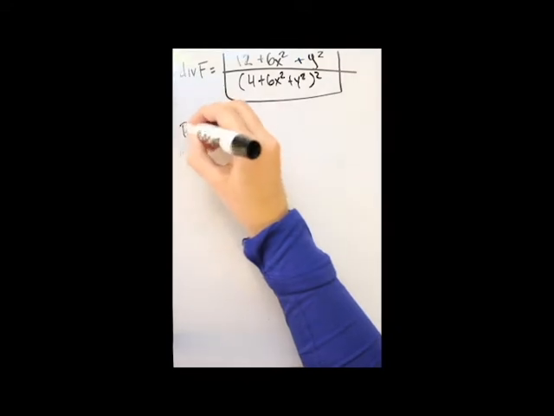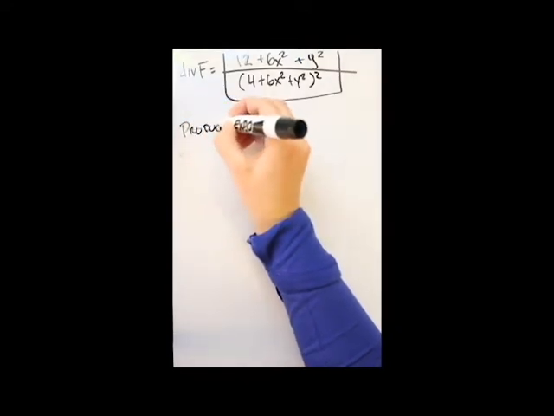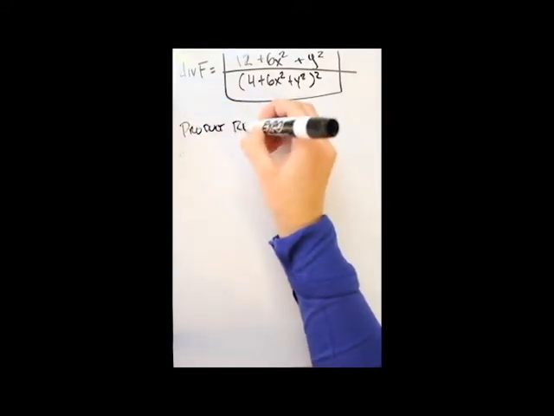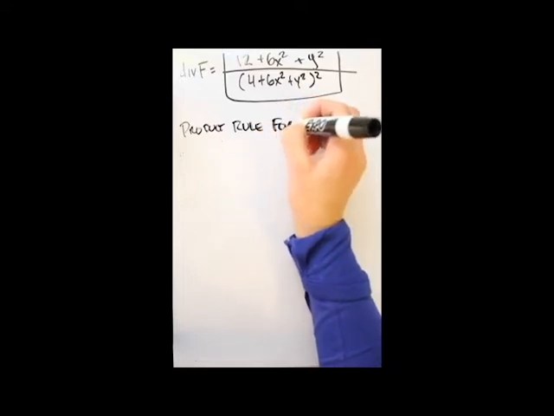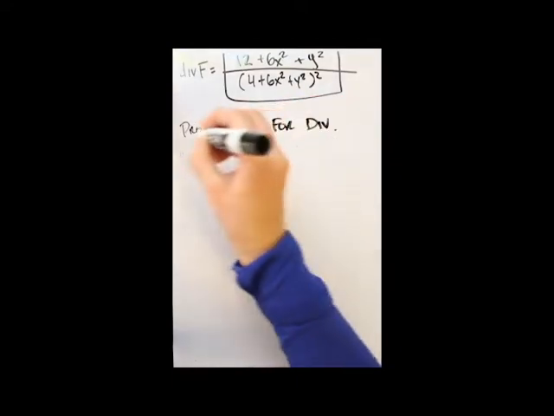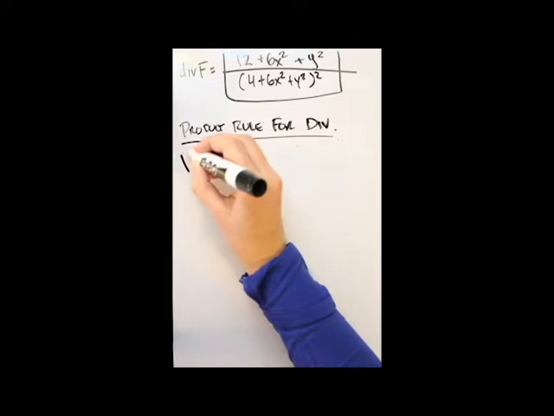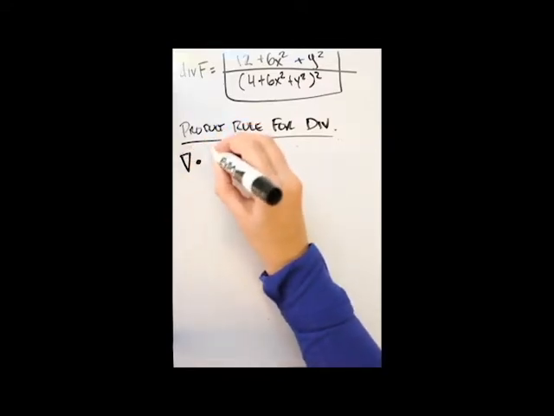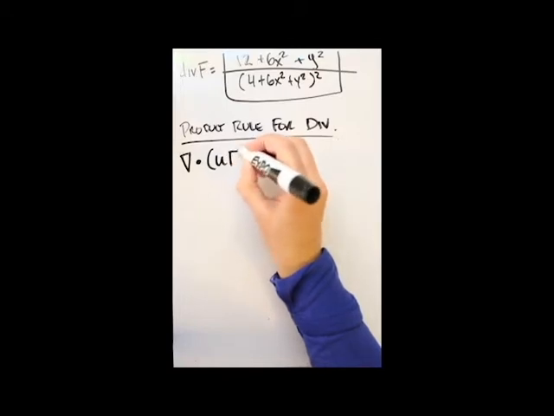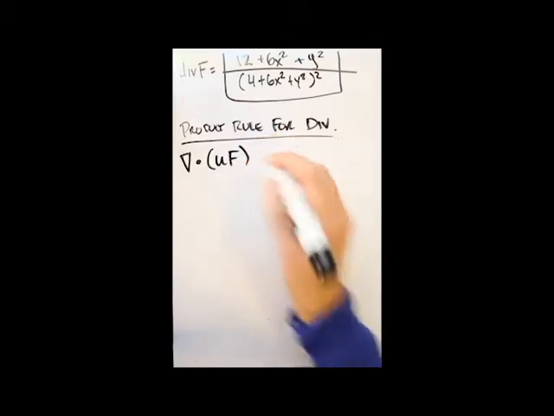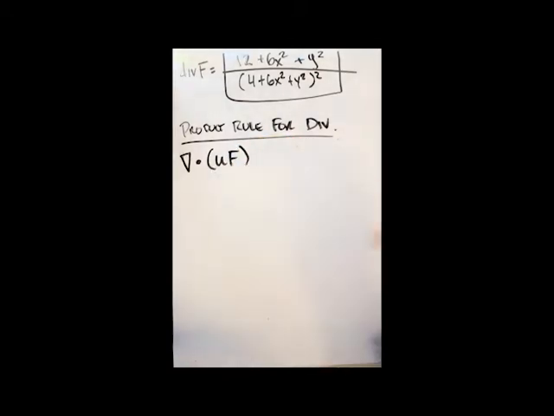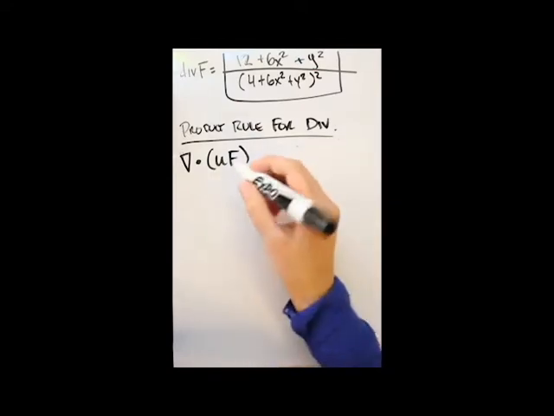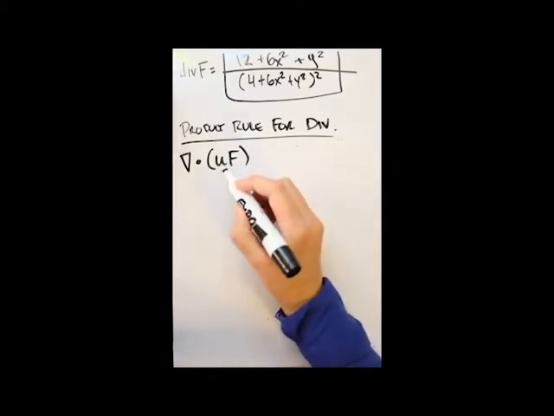Okay, so the product rule for divergence, and I'll just again abbreviate it, divergence. We have our del operator dotted with u times f, where u is a scalar valued function, so it's differentiable on the region, whatever our region is.